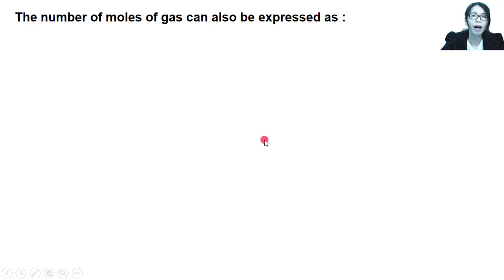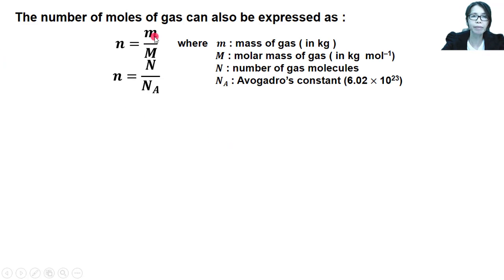Then class, let me recall your prior knowledge of how to calculate the number of moles of gas. The number of moles of gas we can determine from the mass of the gas, whereby the number of moles is the mass of the gas divided by the molar mass of the gas. Or we can also relate the number of moles with the number of molecules, how many molecules we have in a certain volume.